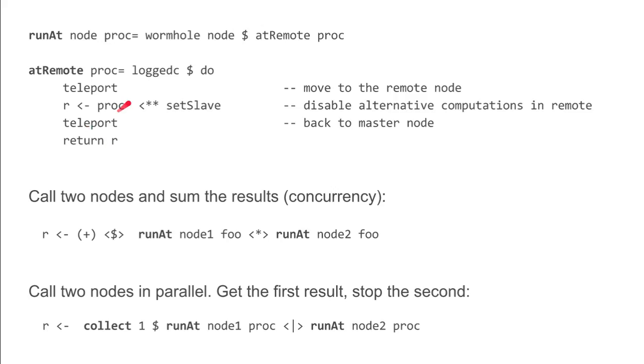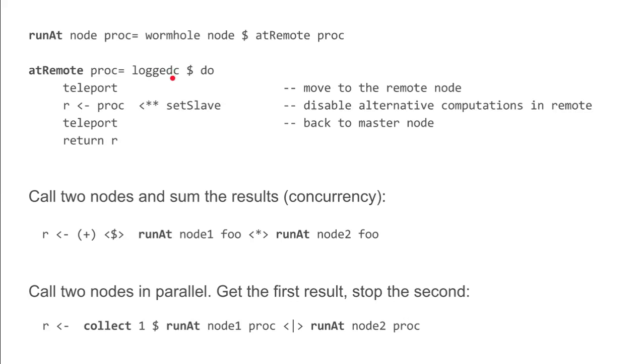We have 2 new things. One is loggedc, which is in reality cascading logging, so that we log the result and forget the intermediate results here. So this is a kind of optimization.